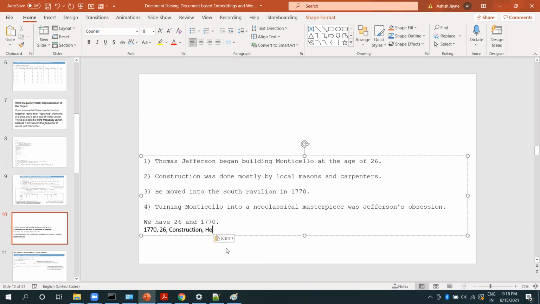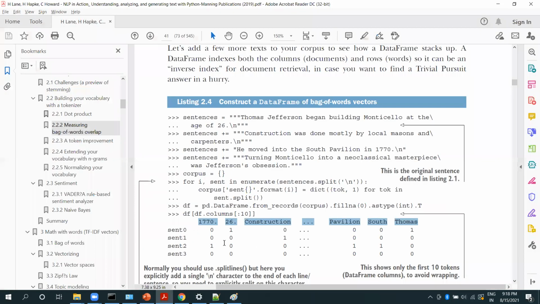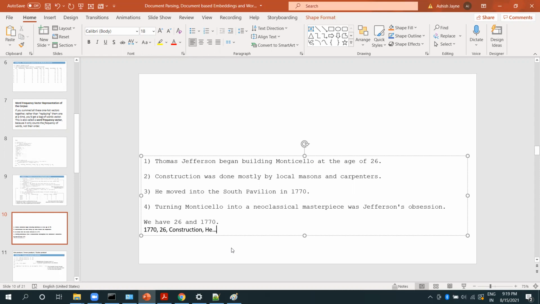So this is sort of how the vectors are built, and we can take down the last from here. Pavilion, South, Thomas. I think the author has only picked out the capital words and not the small words. So that's building the vocabulary.